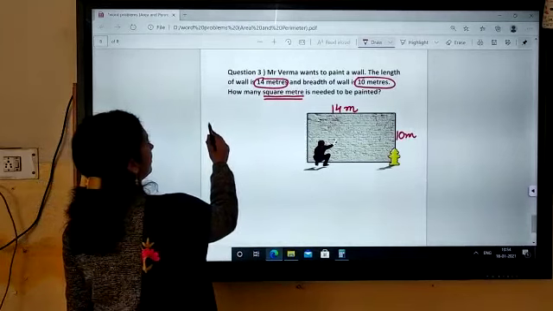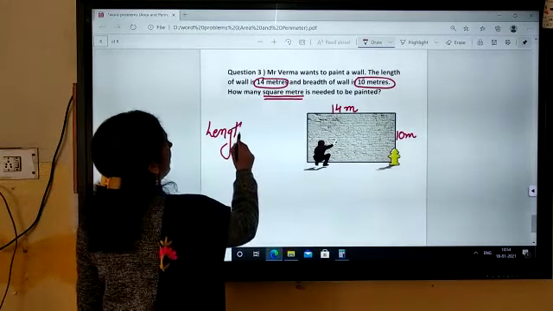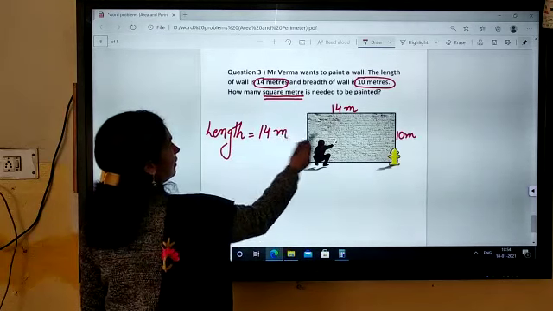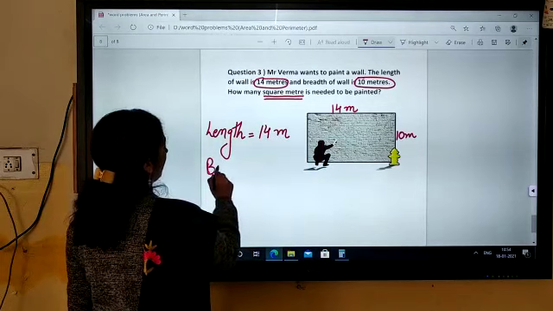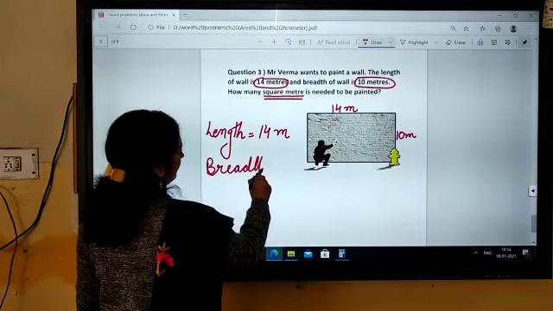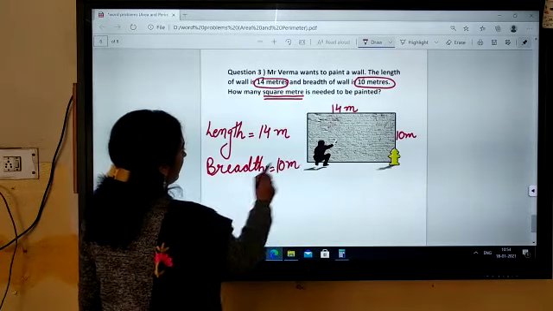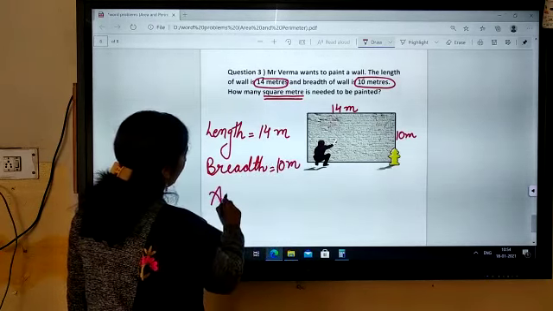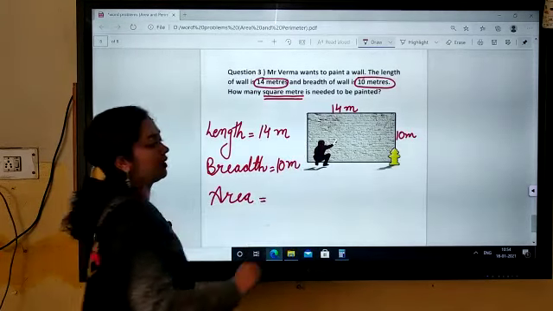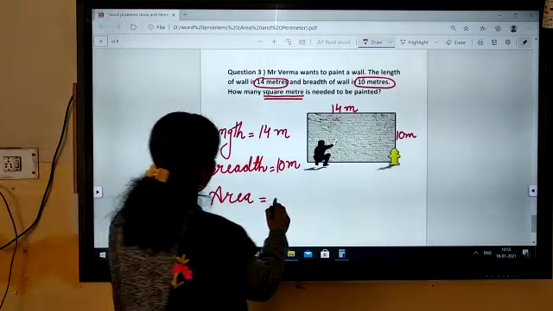First, length of the wall is 14 meters and breadth of the wall is 10 meters. And what is the formula for area? Area of a rectangle, length into breadth.